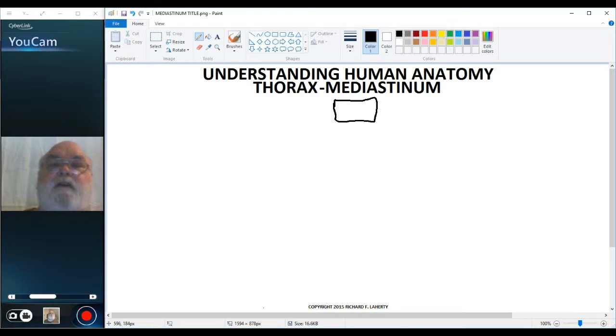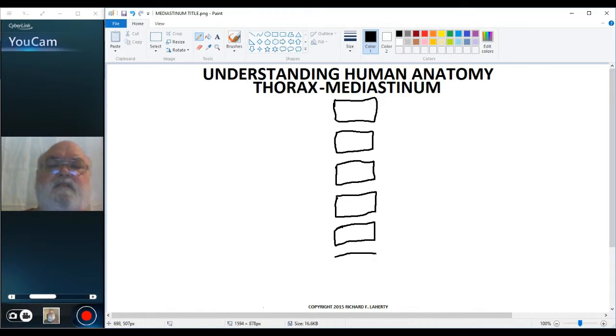And we're going to start with T3, T4, T5, T6, T7, T8, T9, and then we'll sketch in the intervertebral disc.